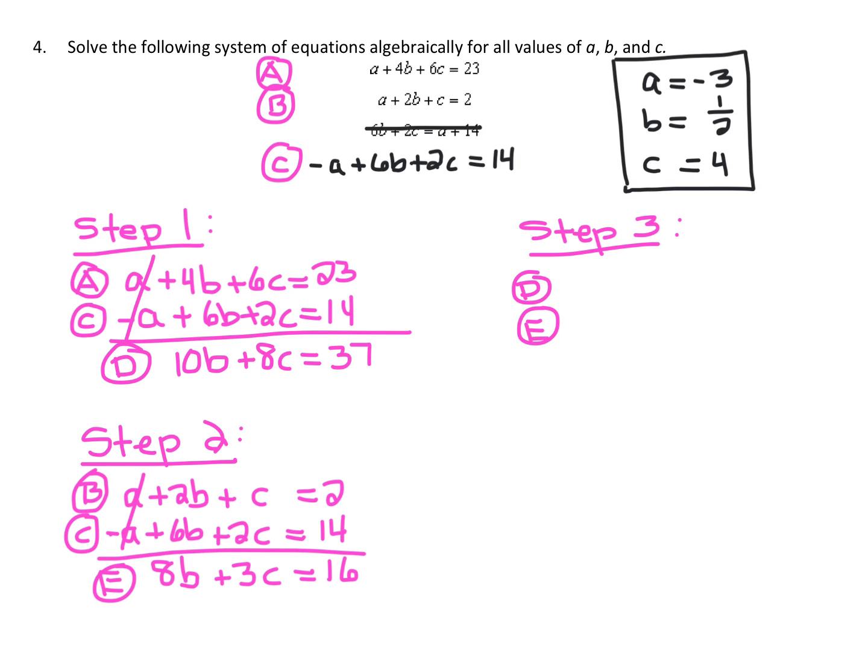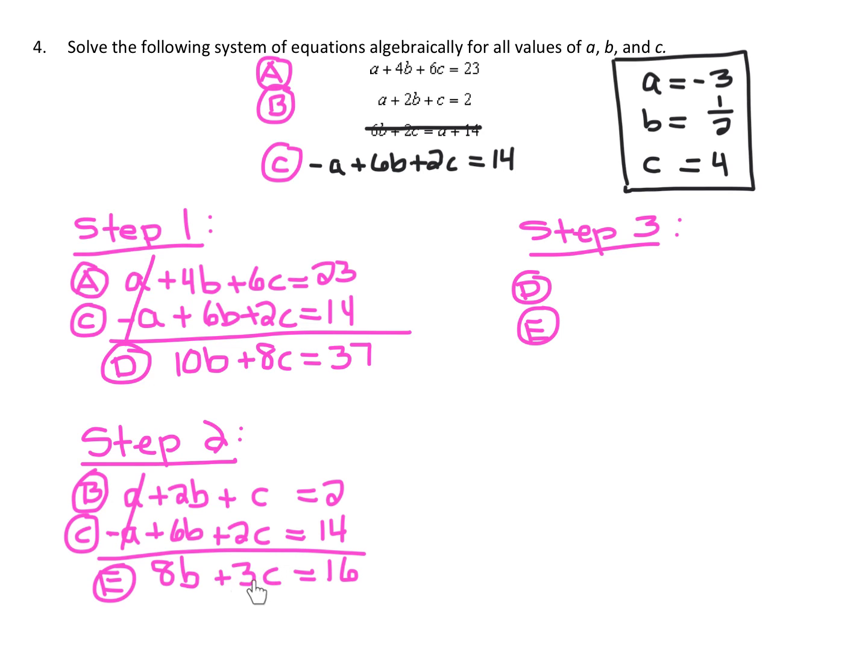Basically, I want to get one of these to be a positive and the other to be a negative of the same number. So let's just say I multiplied this, equation D, by positive 3. Wouldn't that be a positive 24C? So then I'd want a negative 24C here.